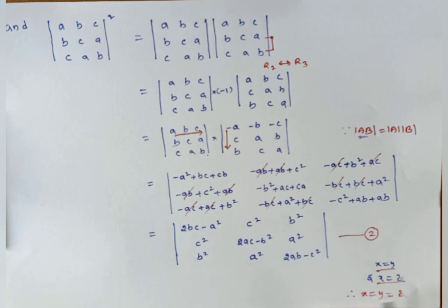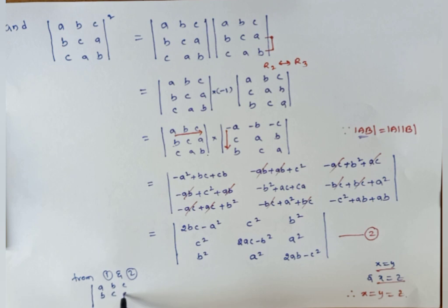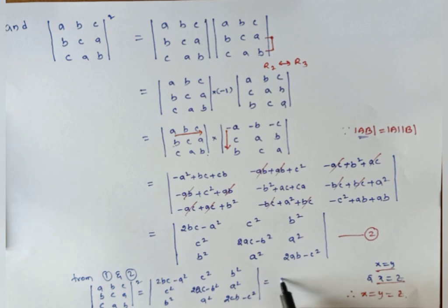So from relations 1 and 2, we can express this as the determinant of A, B, C, B, C, A, C, A, B whole square is equal to the determinant 2BC minus A square, C square, B square, C square, 2AC minus B square, A square, B square, A square, 2AB minus C square, which is A cube plus B cube plus C cube minus 3ABC whole square.